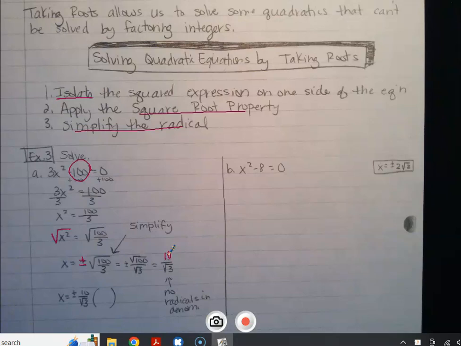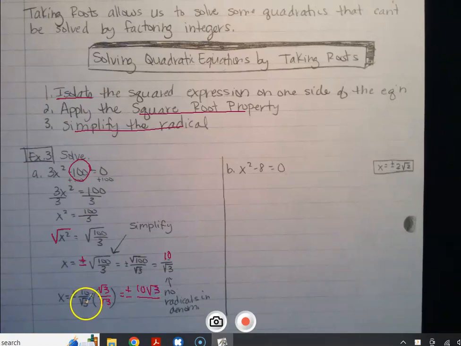So what would we multiply by to get rid of the radical? Square root of 3 over the square root of 3. Yeah, we're just going to use that square root of 3 over the square root of 3. So that's going to give me a positive or a negative. What's 10 times the square root of 3? It's just 10 times the square root of 3.